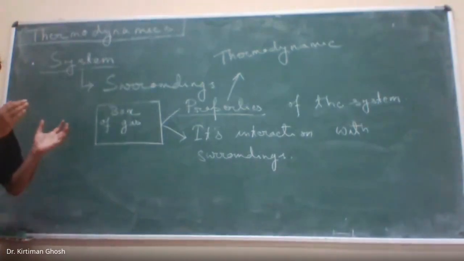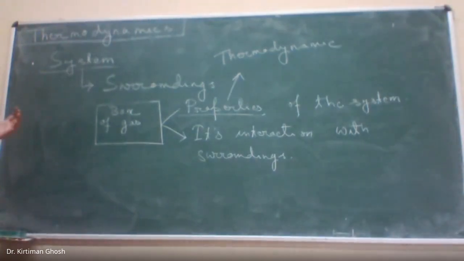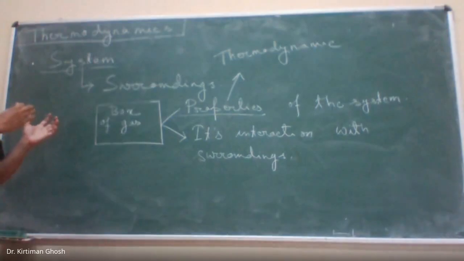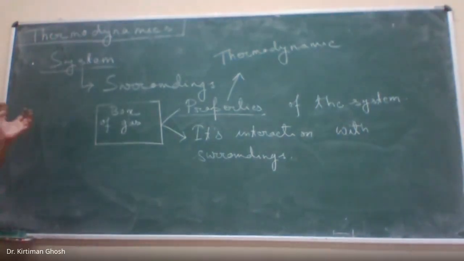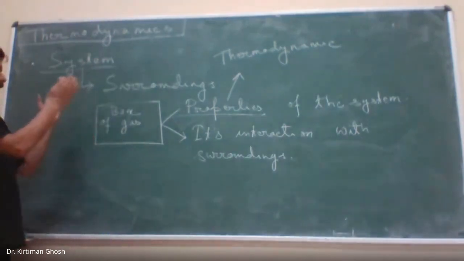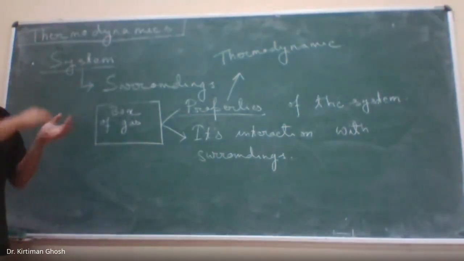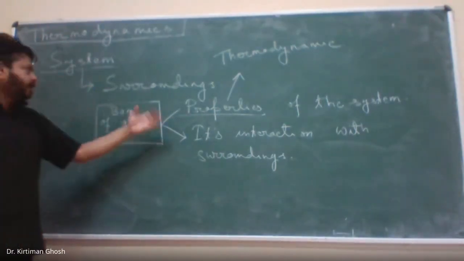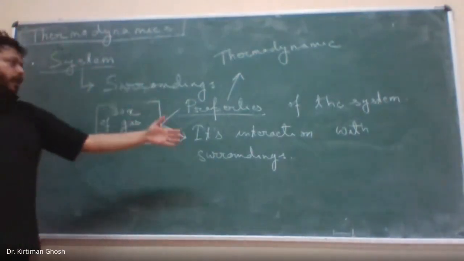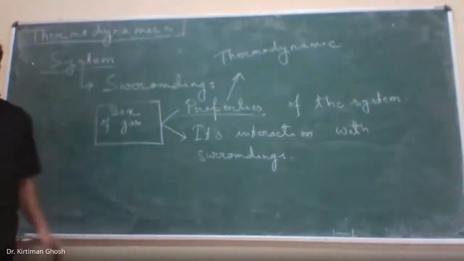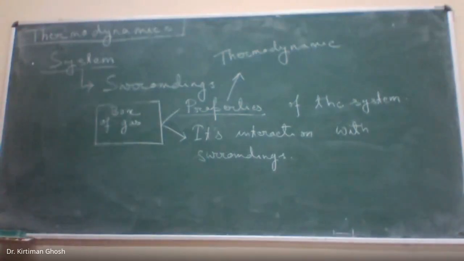Ideally you can have some isolated system, but there will be some influence of surroundings. You cannot realistically separate a particular portion of space from its surroundings completely. So surroundings is the important part. You need to study the behavior of a system with its surroundings, and also study the property of the system. So this will be our objective.